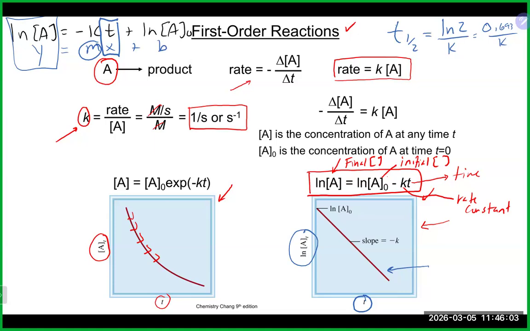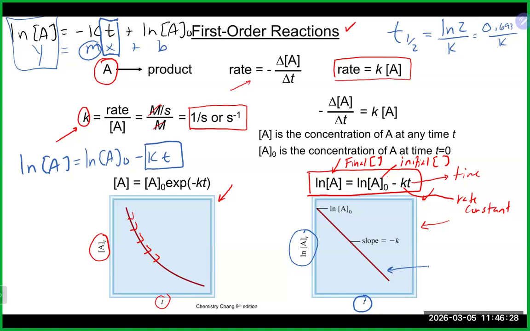Now, a couple of things with this that's really important, as we'll talk about when you look at the integrated rate law, which is that natural log of A is equal to the natural log of A naught minus kt, it's really important, this part of the equation, that the time unit is in the same units.